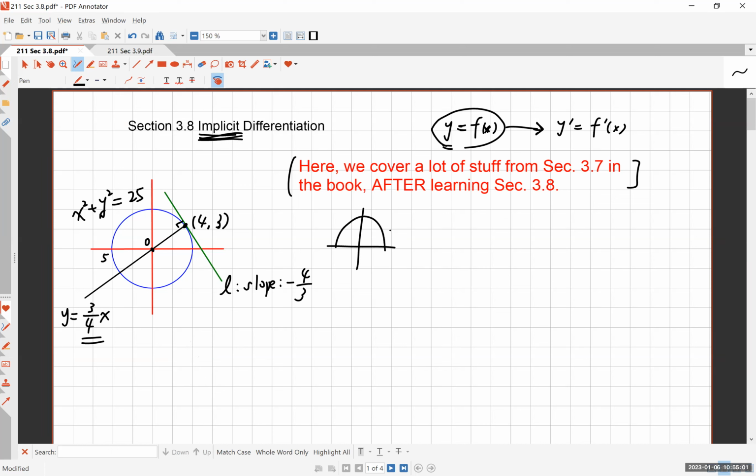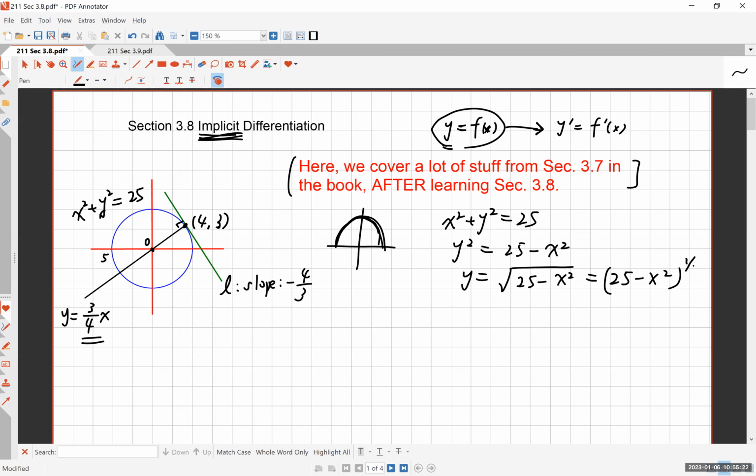If x squared plus y squared is equal to 25, then y squared is 25 minus x squared. I'm only taking the positive half, where y is always positive, so when you take the square root, you take the positive square root. And so it is possible to write the upper half of the circle as a function, y as a function of x. And then we can take the derivative.